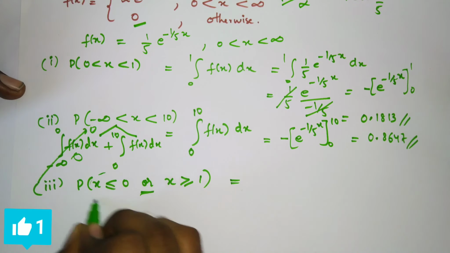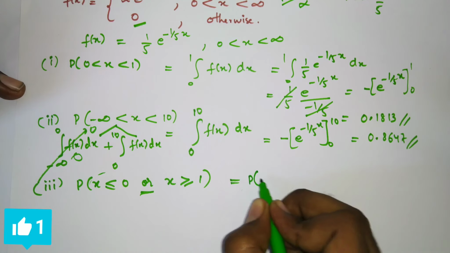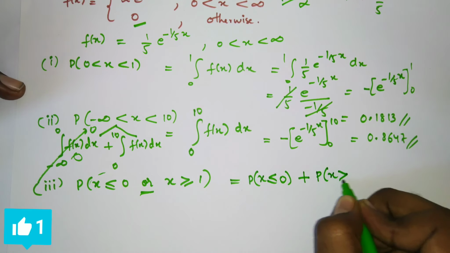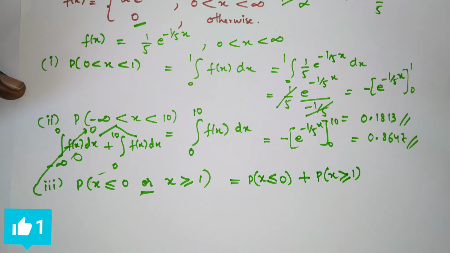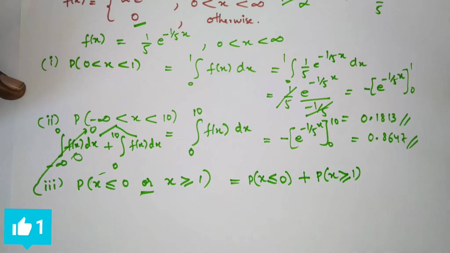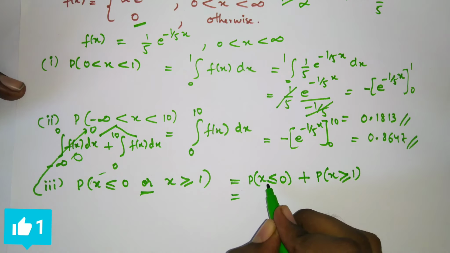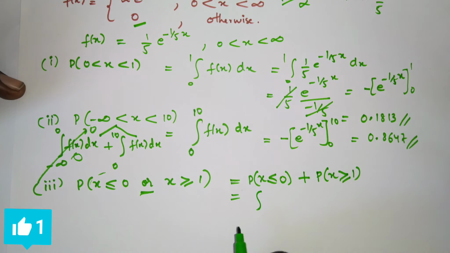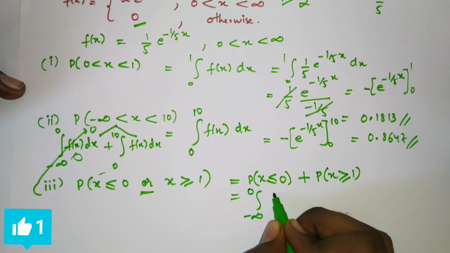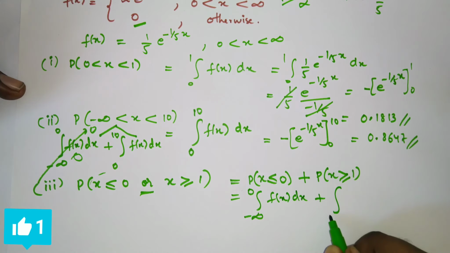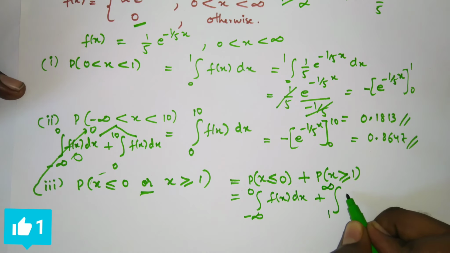So this is P(x ≤ 0) plus P(x ≥ 1). You have to add the two. Now P(x ≤ 0) is the integral from −∞ to 0 of f(x) dx, plus the integral from 1 to infinity of f(x) dx.